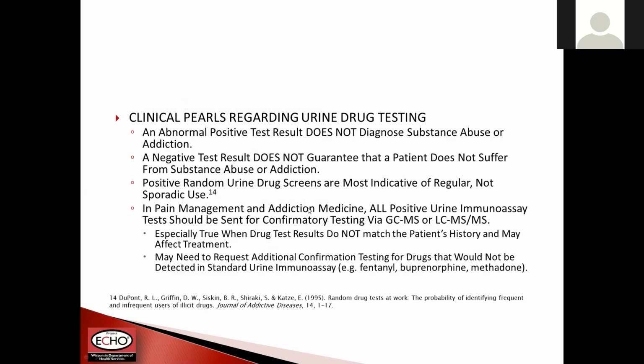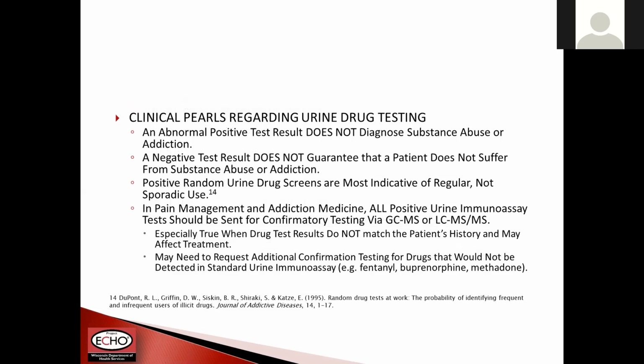In pain management and addiction medicine, all positive urine immunoassays should probably be sent for confirmatory testing unless the clinical situation is such that you don't need to. For example, the patient's admitting to use, or after the fact admits to use. So they may not admit to it before you do the immunoassay, but you get the immunoassay back and you say, "Hey, your drug test came back positive for cocaine.